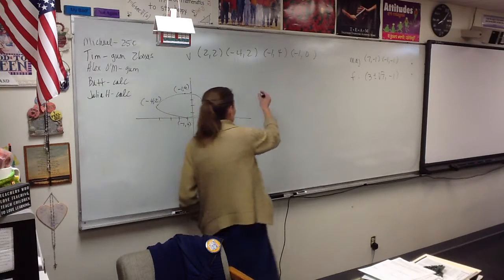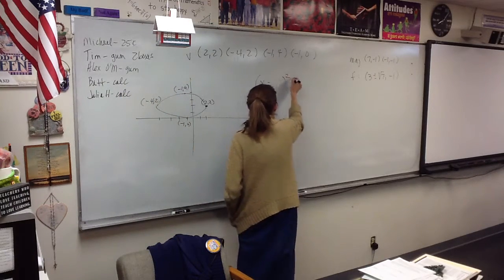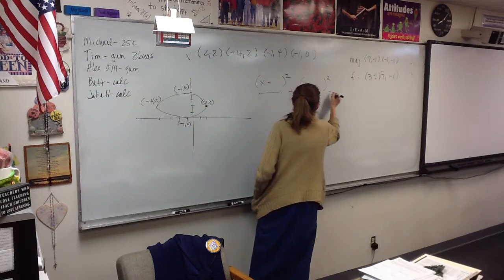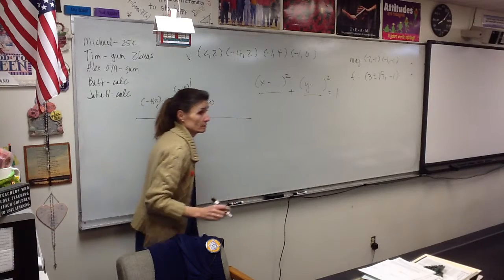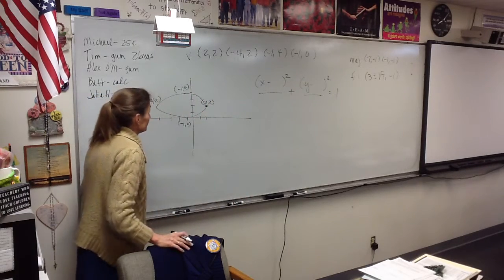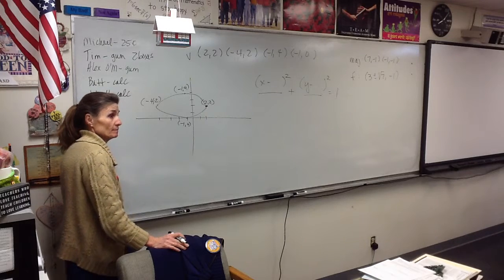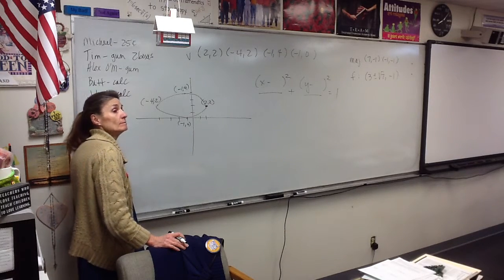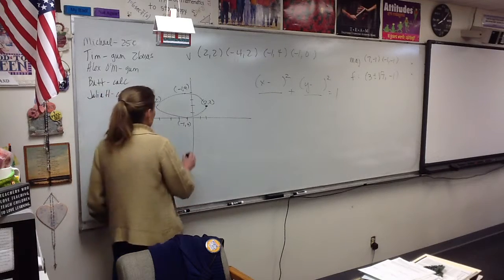And I'm going to remember that the equation of an ellipse is this. I'm going to see if I can fill in blanks now. Any thoughts? Madeline, you can put it in there. So there's 3, 1, or 3 negative.